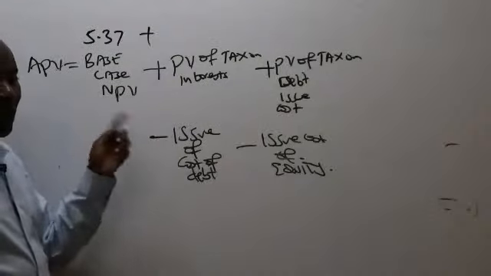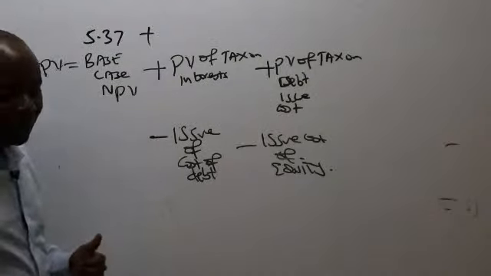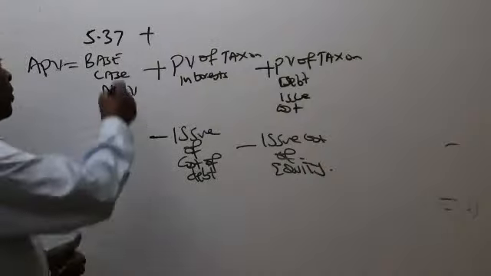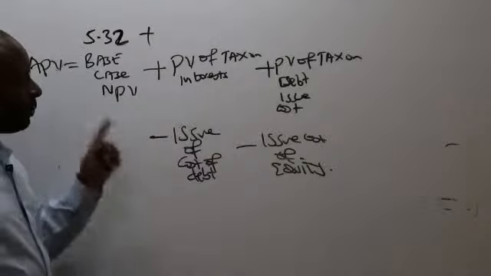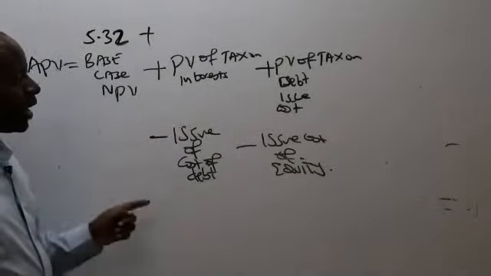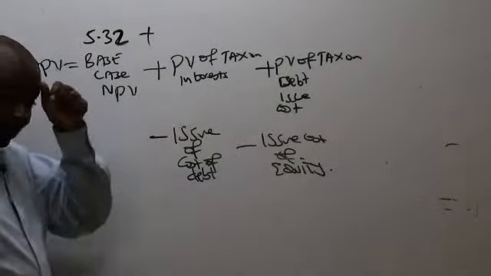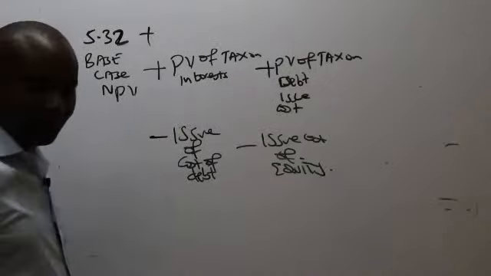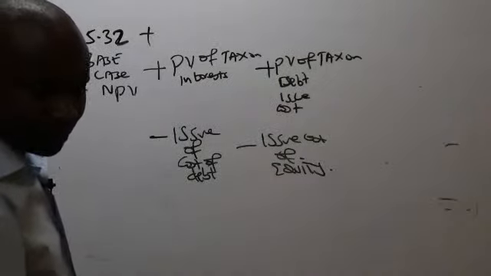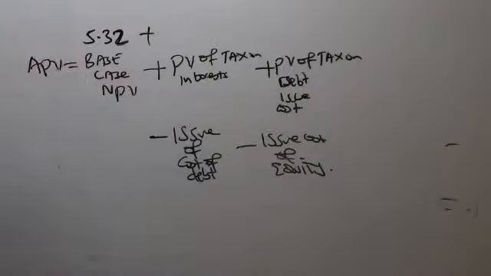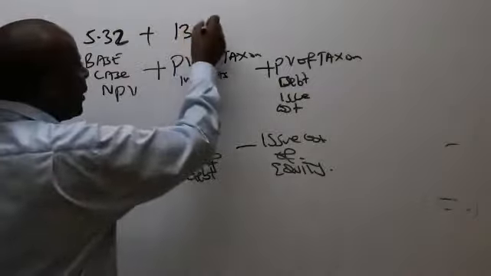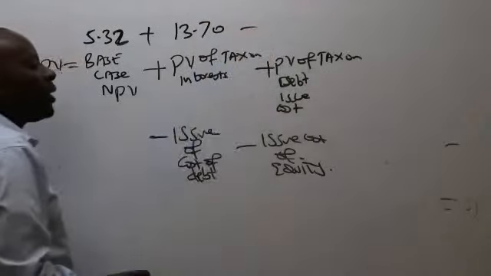It comes to 5.32, okay. How about the present value of tax on interest? 13.7. So plus 13.7, minus the tax on debt.